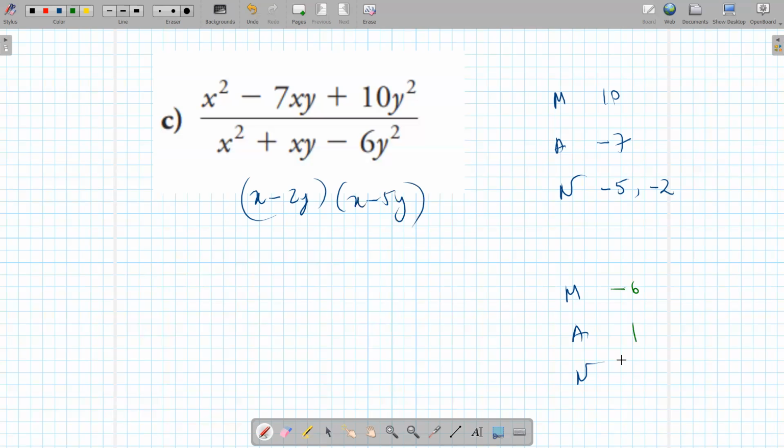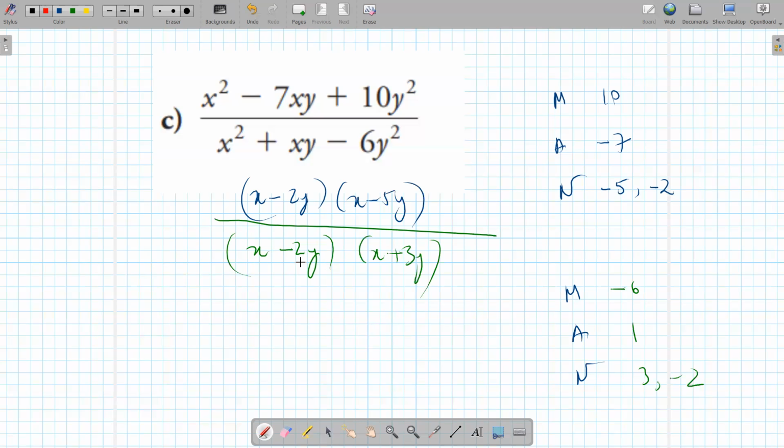Right, and here's a shortcut, because we're always trying to be efficient. Notice we already know what the pattern is. It's going to be x minus something. We know the leading coefficient is 1. So it's simply going to be x minus 2y. What are the numbers? 3 and -2. x minus 2y, x plus 3y, like that.